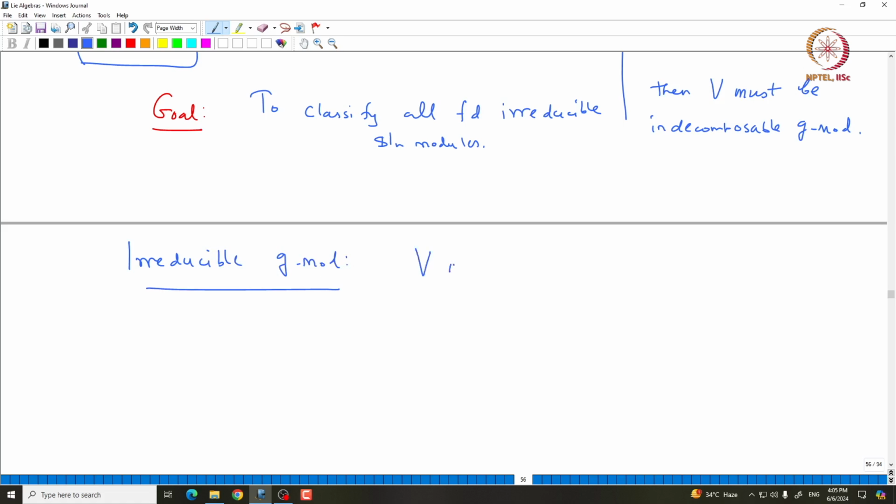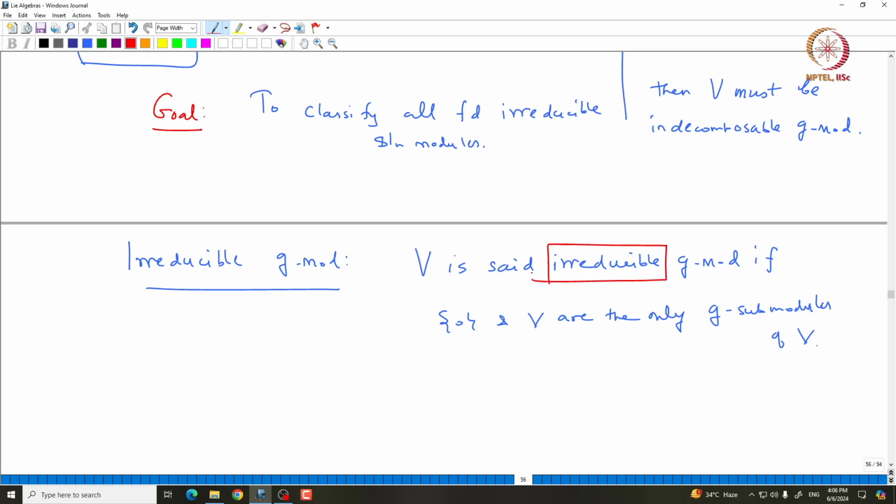V is said to be an irreducible G module if 0 and V are the only G submodules of V.